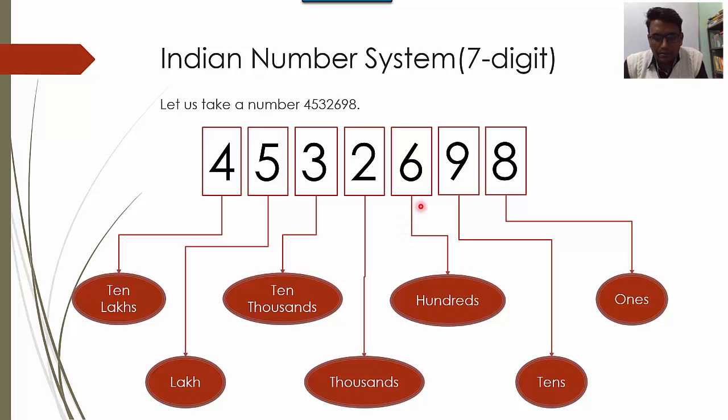The first group we make is of ones, tens and hundreds. These three will make one group, which is called the hundreds group, and the next is the thousands group. So 1000 and 10,000 will make one group, called the thousands group, and then lakh and 10 lakh will make one group and it is called the lakhs group.